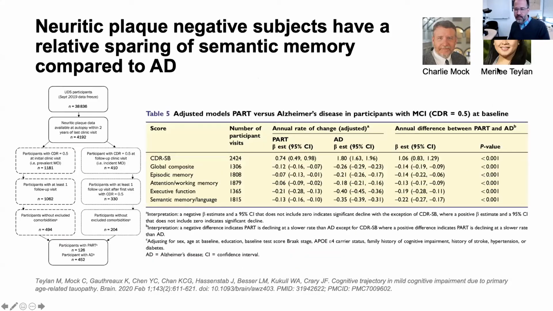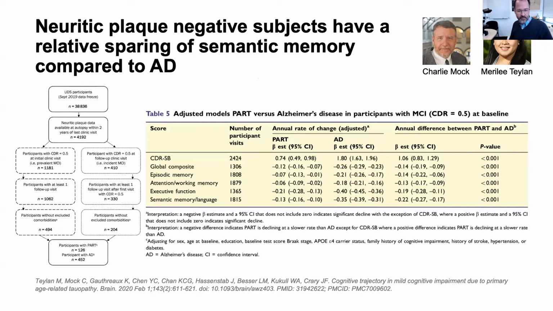We worked with another member of that team, Marilee Thielen, who did the longitudinal studies, and she was able to show that across the board, over time, patients that had a diagnosis of Alzheimer's disease or MCI, cognitive impairment, who then came to autopsy and were found to have PART, were very different clinically.